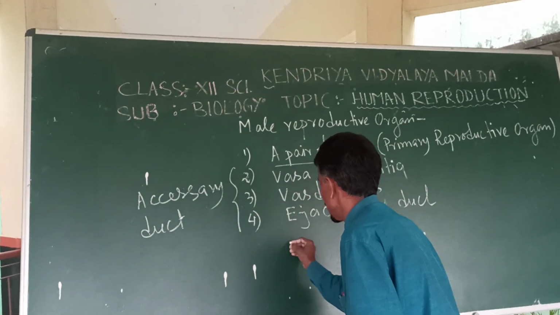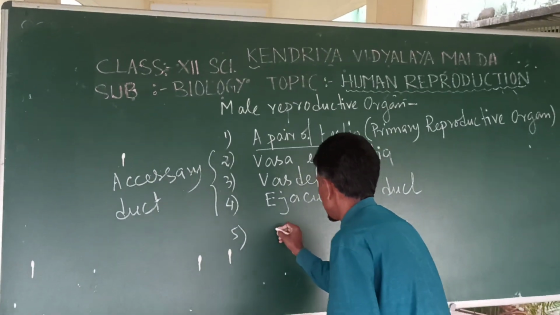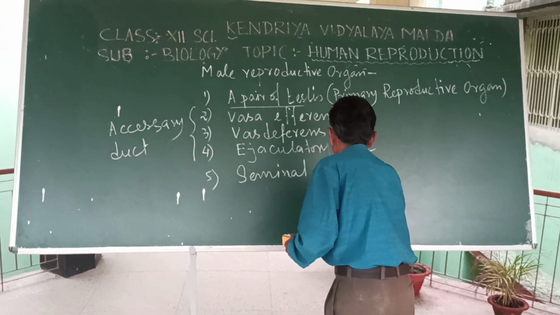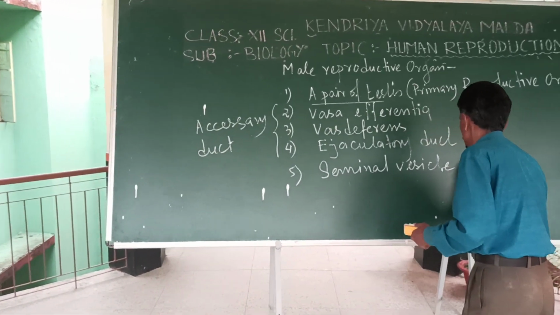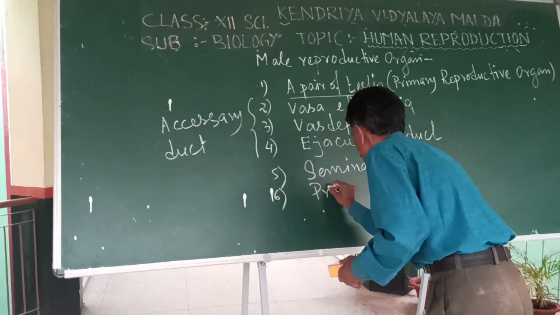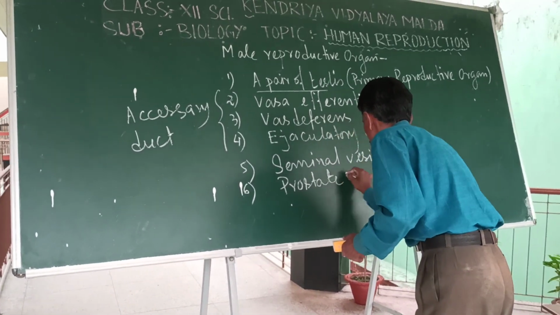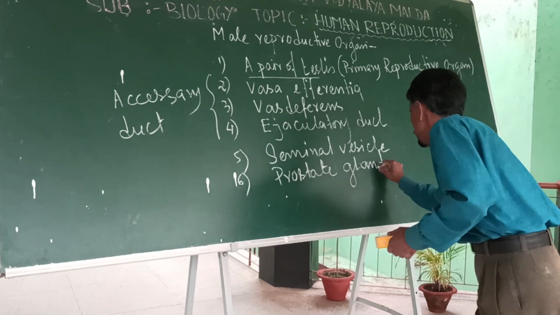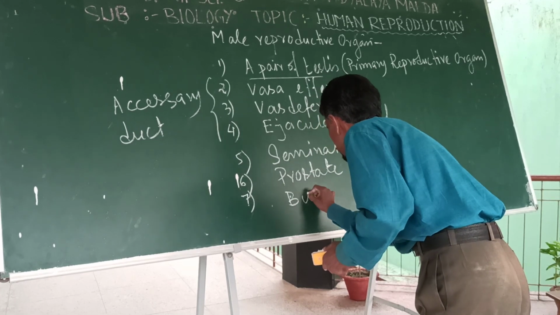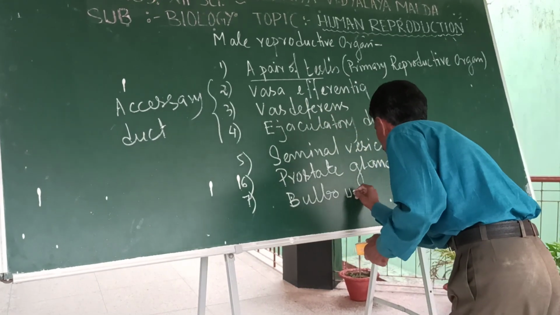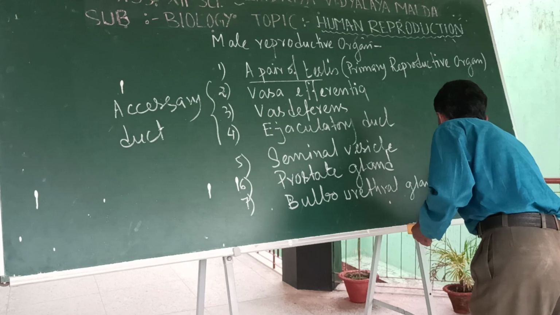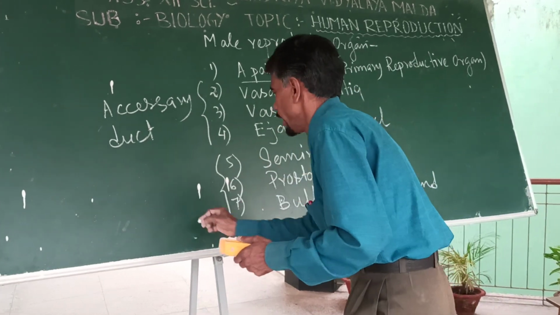And we have various glands like seminal vesicle, like prostate gland, like bulbourethral gland, these are the glands.